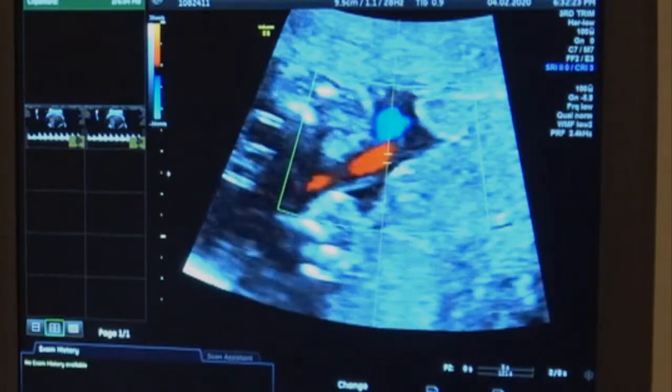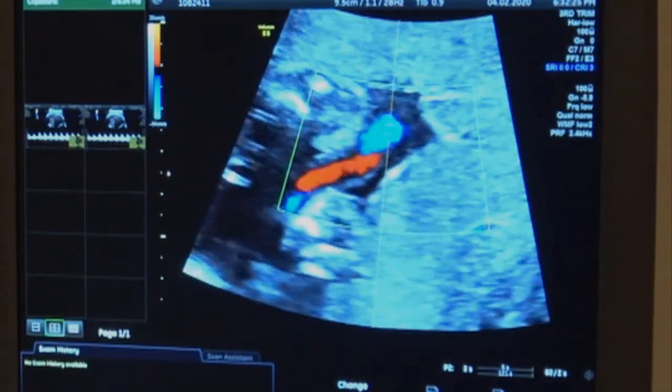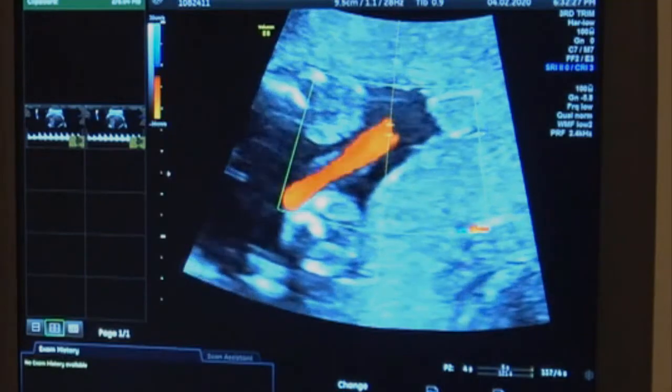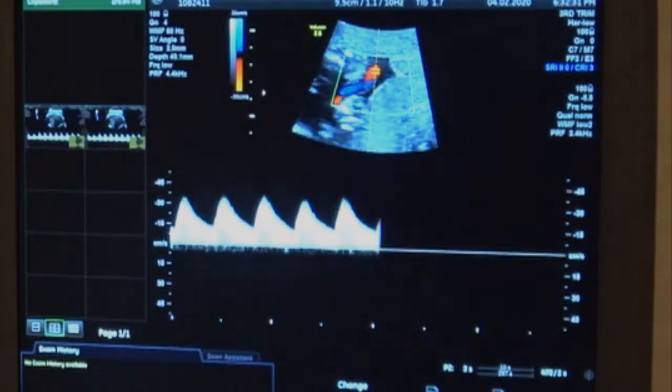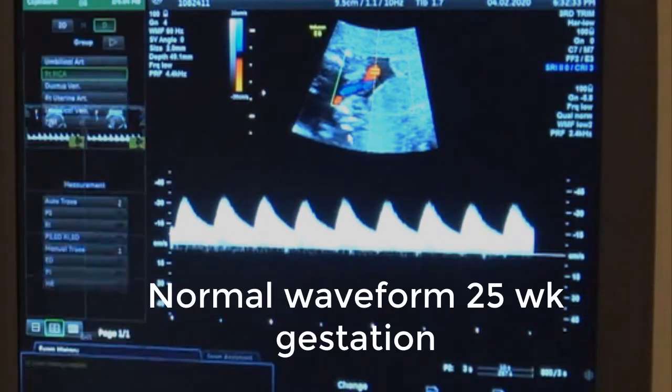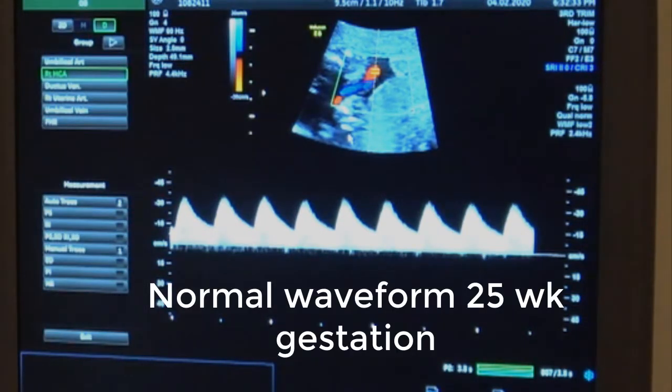And I like to have the waveform on top of the baseline, so I generally change it, but that's pretty nice. It's pretty lucky.